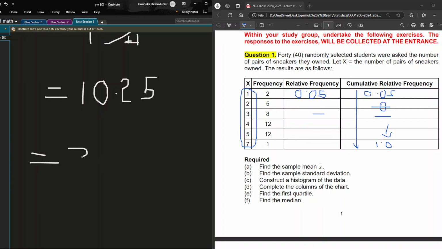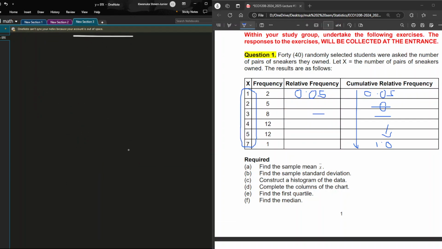How do we determine that? You can use frequency and you know where the 11th value or 20th value lie. So the first one is 2 plus 5, 7. 7 plus 8, 15. So it lies in between this, and we always consider the highest, which is 8, but corresponding to the x value, which is 3. I think we are clear to that.